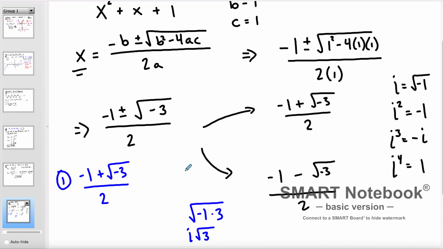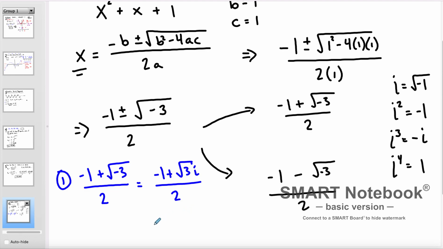Okay, so any square root of any negative number, right? The square root of negative 10 would be equal to the square root of 10 times i. The i takes care of that negative. Okay, so we have negative 1 plus... and lastly, we just want to split this fraction up.